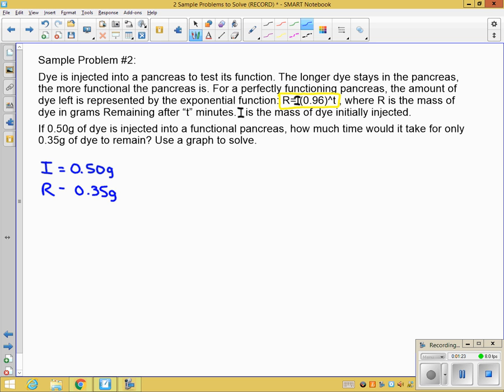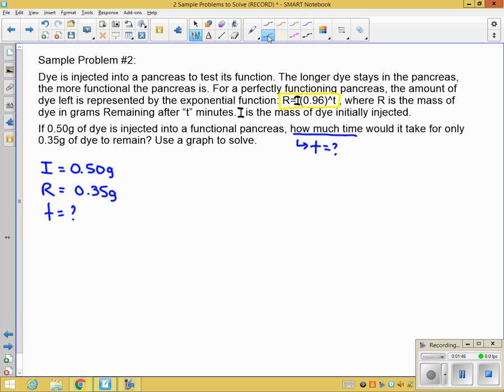So the remaining mass of dye is going to be 0.35 grams. And the question is, how much time would it take? In other words, what's T? T equals question mark. What's time? What's T or exponent when the R value is 0.35 and the I is 0.5?